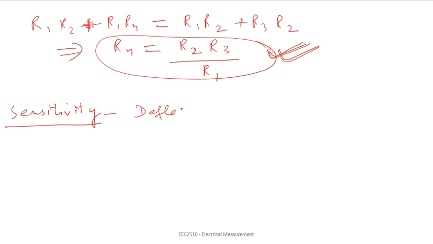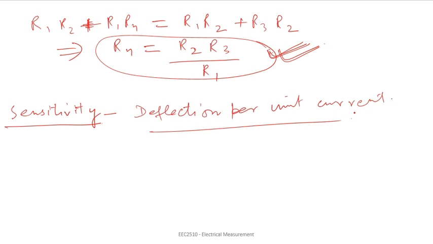So that means that if a galvanometer is more sensitive, then it will deflect by a greater amount for the same current. That is the meaning of sensitivity for a galvanometer.